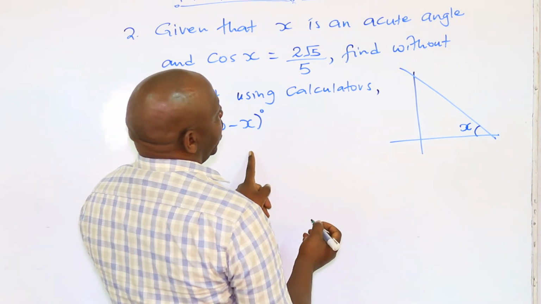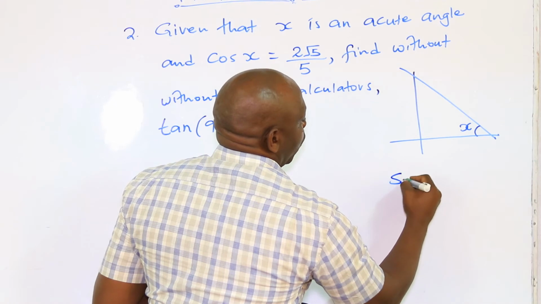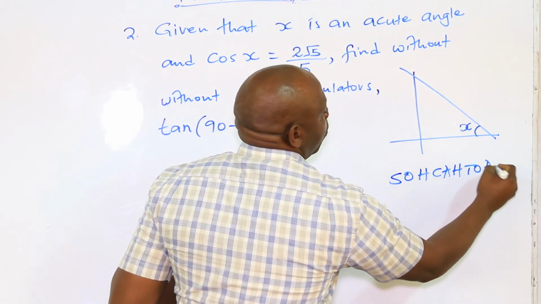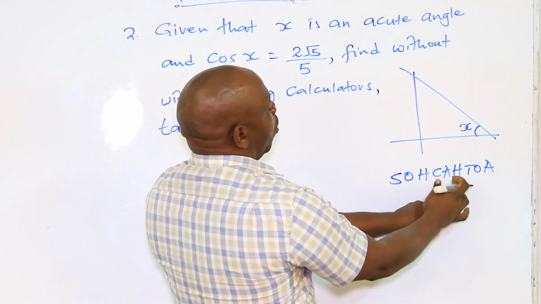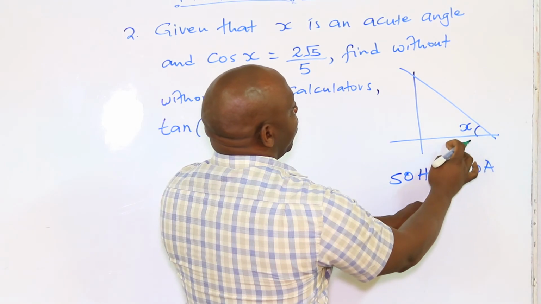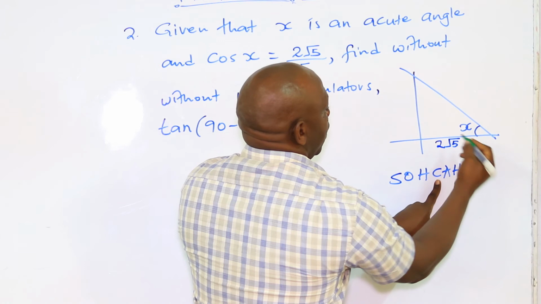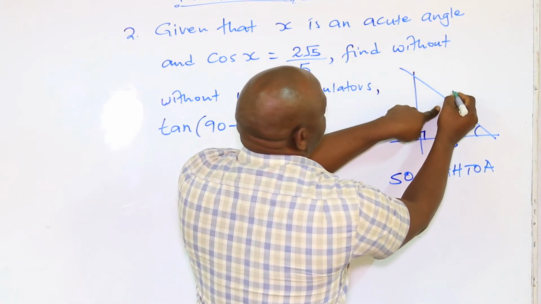We've been told that cos of x, remember we coined the word SOHCAHTOA, meaning cos of x is adjacent over hypotenuse. So adjacent here is 2 root 5. And the hypotenuse here is 5.